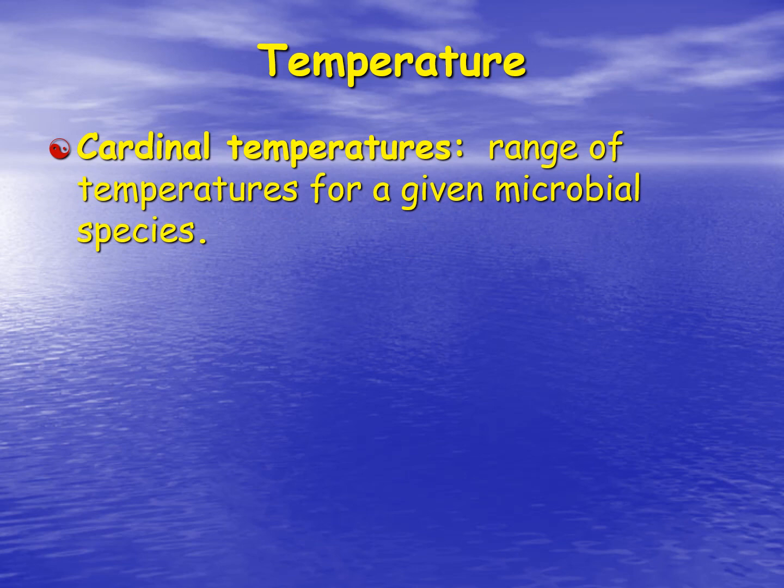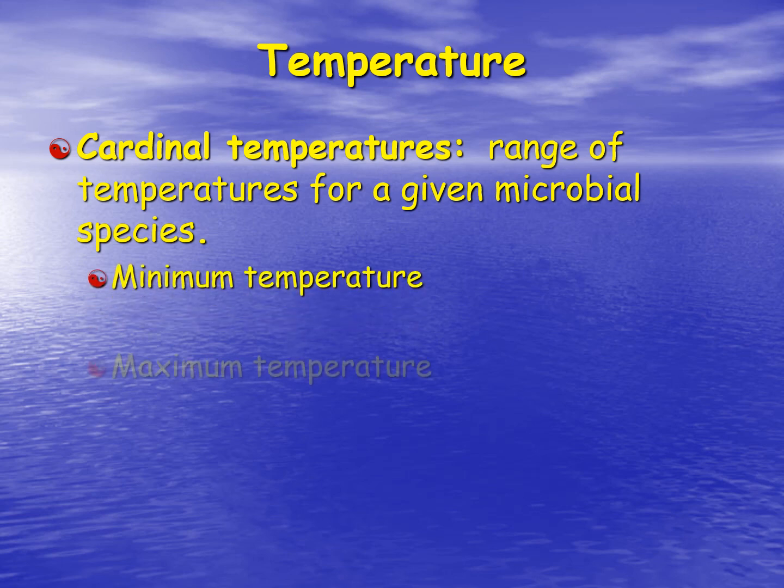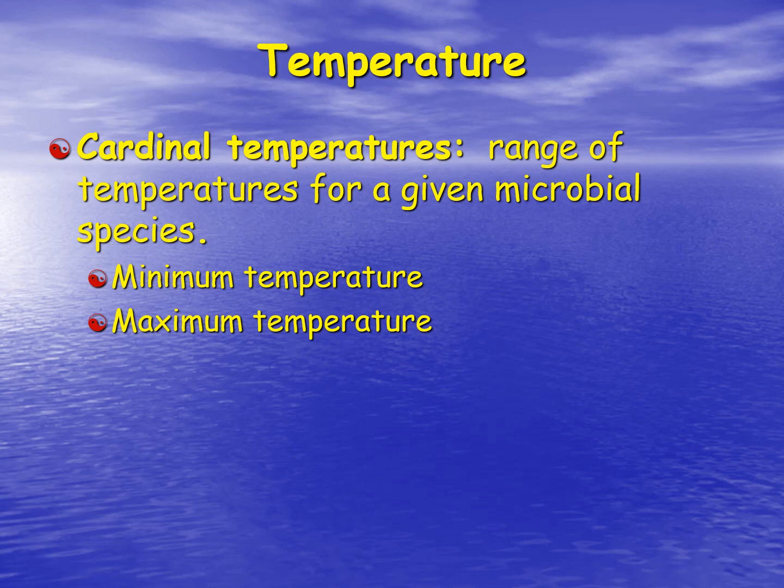Well, temperature. Let's start with that first. The cardinal temperatures are a range of temperatures for a given microbial species. The minimum temperature and maximum temperature, these are the extremes. The minimum temperature is the lowest temperature that a microbe can survive, while the maximum is the highest.